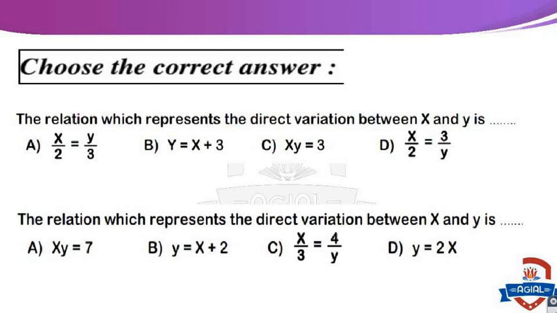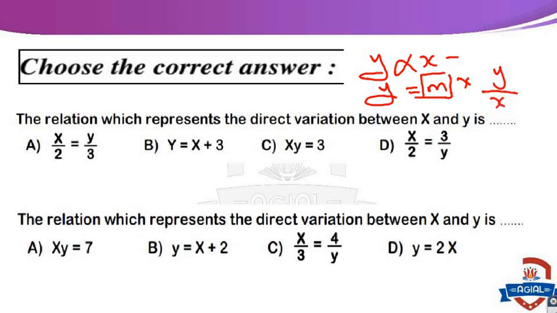At first, y varies directly as x. Then y = mx, where m is a constant. Then y over x equals m. Okay? y over x equals m, or y = mx. y = x + 3? No, false. xy = 3 equals constant? xy equals constant?